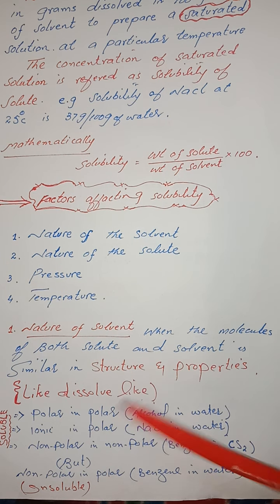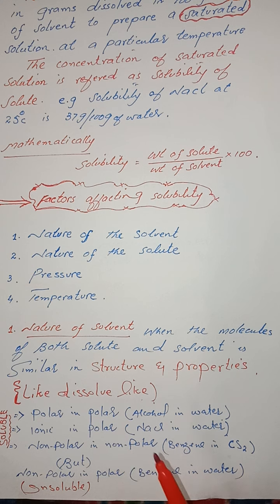If both solute and solvent are polar, like alcohol is easily dissolved in water, or the solubility of alcohol in water is greater because both are polar. If the solute is ionic and the solvent is polar, then they are likely to dissolve in one another. For example, sodium chloride easily dissolves in water. Similarly, a nonpolar solute is easily soluble in a nonpolar solvent.